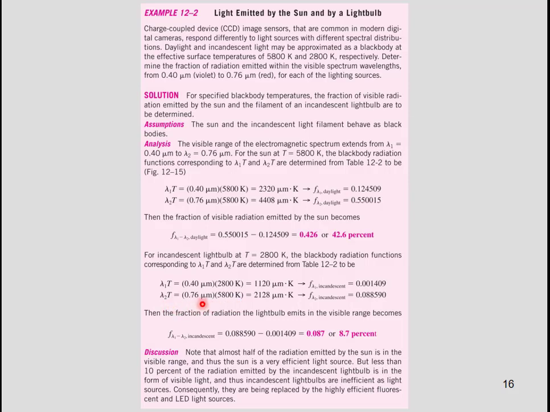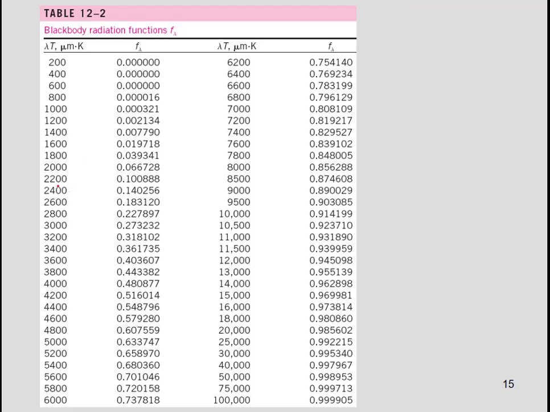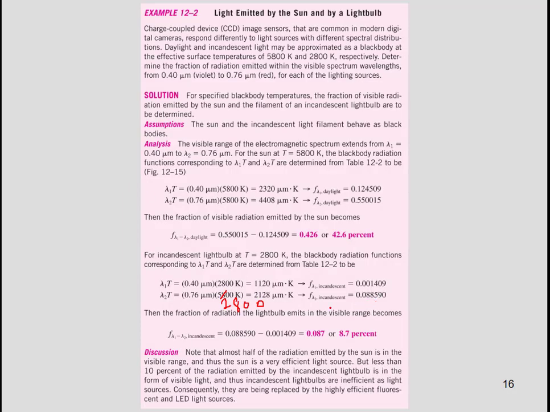So lambda 2 T for the temperature of the light bulb, the upper bound of the wavelength range, will be this much. From the table, 2100 will be almost here between 0.06 and 0.1, it is 0.08.